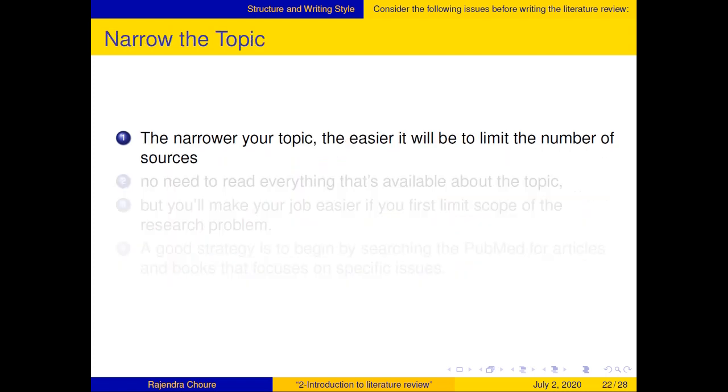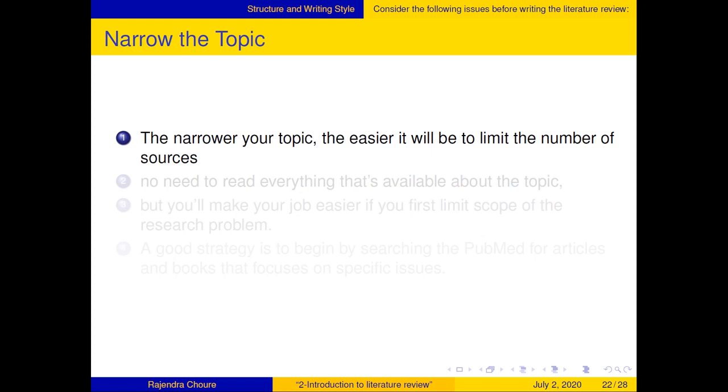The most basic consideration is that your topic should be as narrow as possible, as specific as possible. For a very broad topic it becomes very difficult even to start the work. If you narrow the topic, then you know where to search for the material.